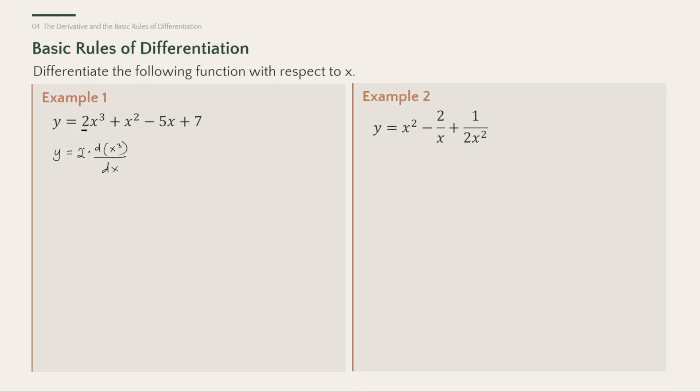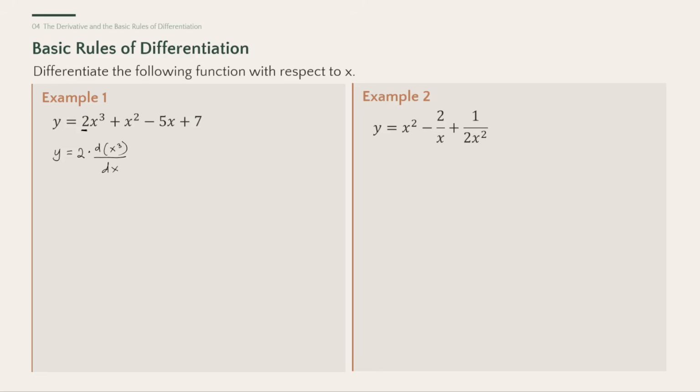Take note, it only works for constant terms. Do not use that if, for example, you have x cubed y. Never do this because this is wrong. The constant multiple rule only applies if the coefficient is a constant. So in this case, the coefficient 2 is a constant. This is wrong, do not do that.